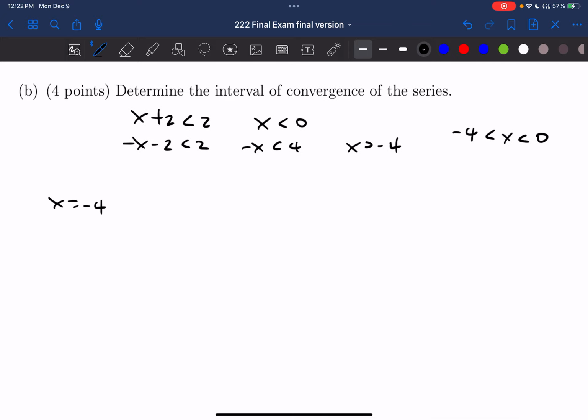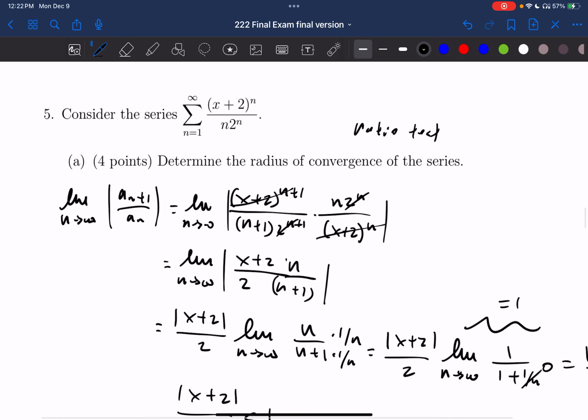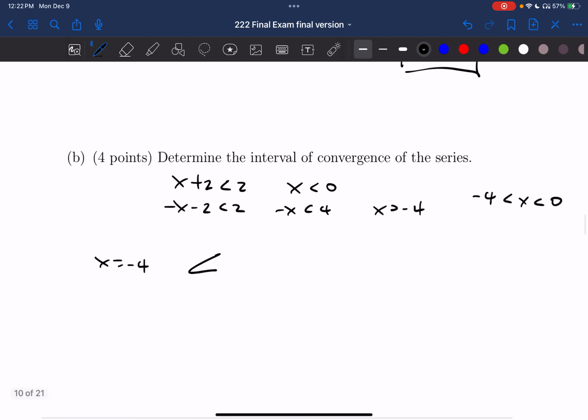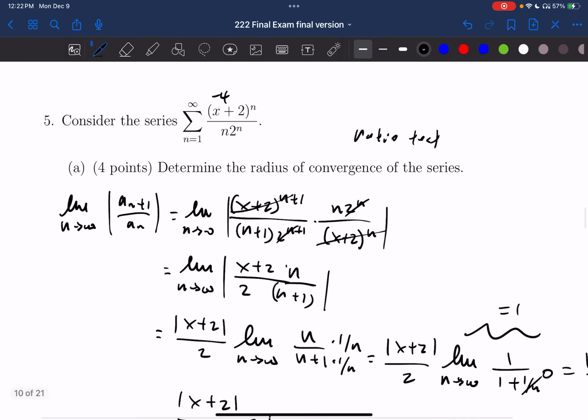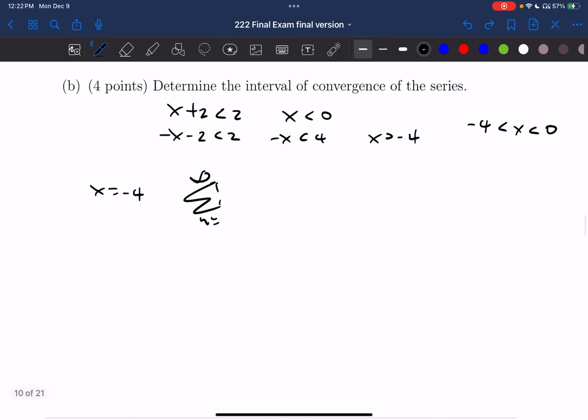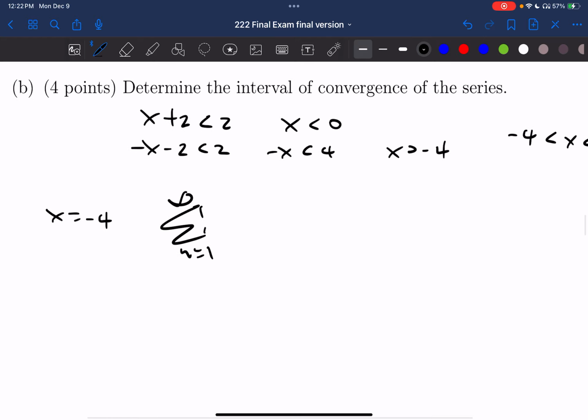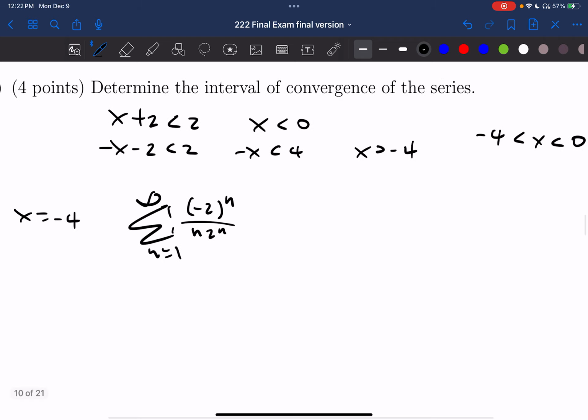When x is equal to negative 4, plugging it back in, we're going to get negative 4 plus 2, which is negative 2. The sum starts at n equals 1, and we get negative 2 to the n power divided by n times 2 to the n power.